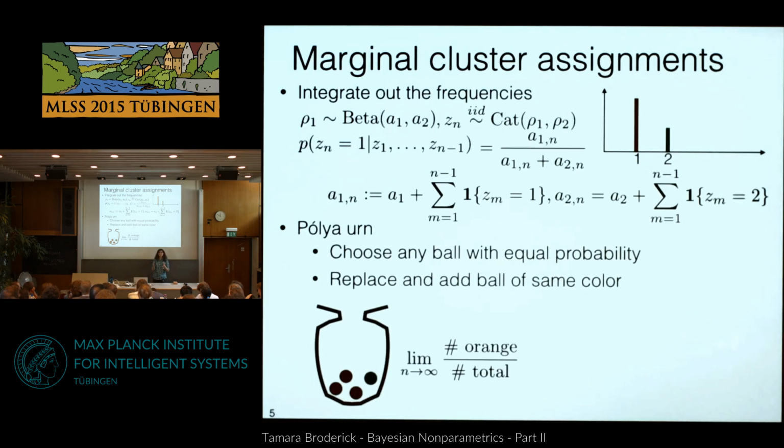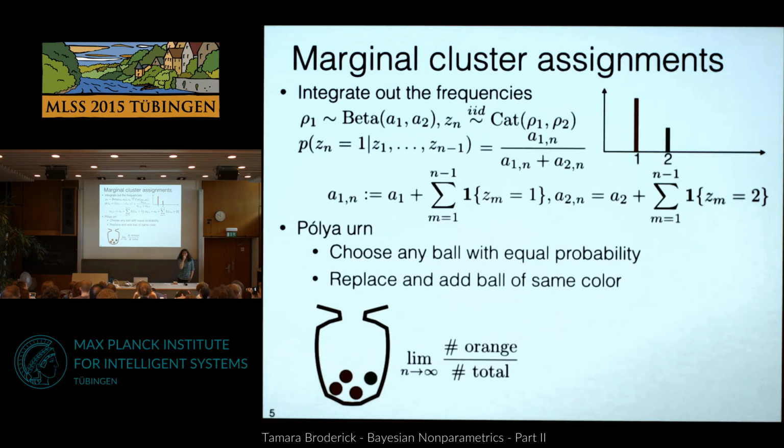So again, if I start off with this original generative model, I generate a random rho 1 and rho 2, and then I draw an infinite number of Zn's to be either 1 or 2 based on probability rho 1 for 1, and probability rho 2 for 2, then the limiting proportion of things that are 1 is rho 1, and the limiting proportion of things that are 2 is rho 2. And so now we're just doing the exact same thing.